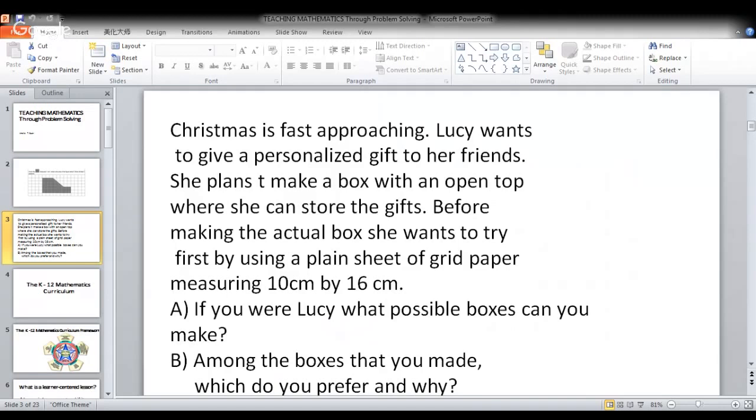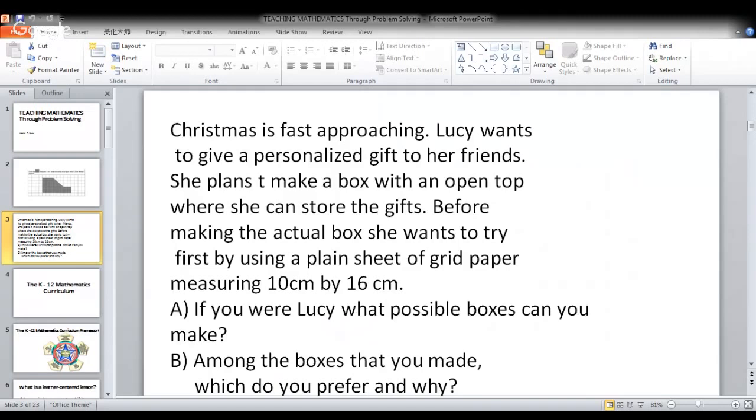So if you read on your screen, the students will make an open box, using still a grid paper. I really love using grid paper in my class, where you could visualize what is a real measure as well as when you construct a box like this.